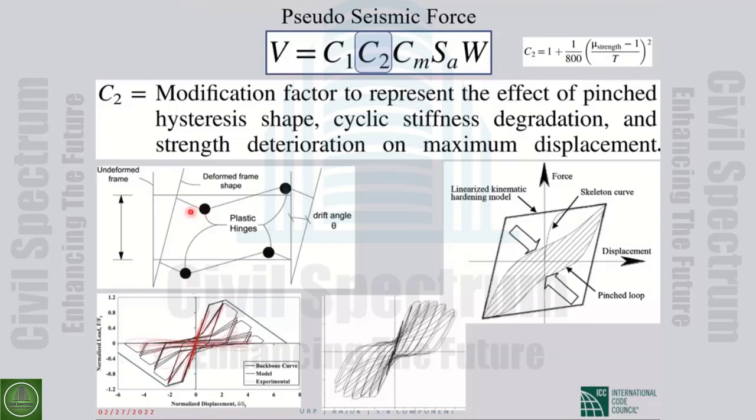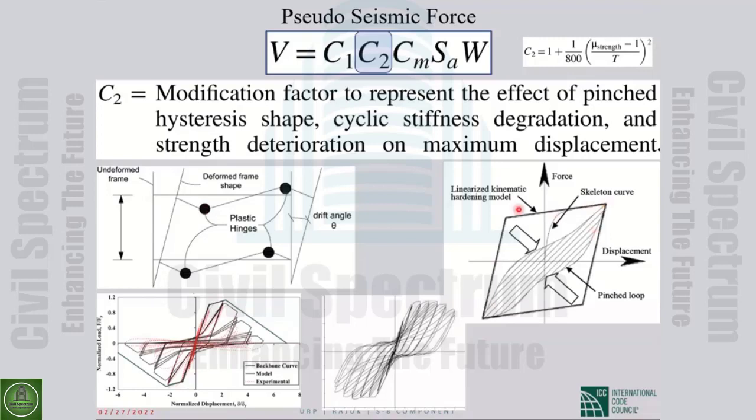Those points that get damaged we call deformation control parameters, fuses, or plastic hinges. We expect that they can dissipate lots of energy, and energy is the area inside the force-deformation curve.